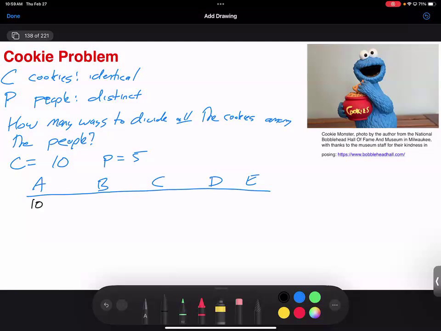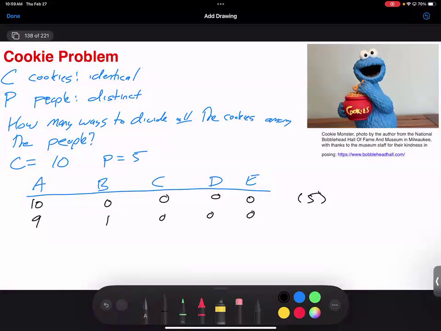Yeah. What's the next solution? That's one solution, but there's another that I think is more natural than A gets 9: B gets 10. So how many ways are there to flip these around? 5. So I'm going to put a 5 over here in parentheses and say that there are 5 ways to rearrange this. Now let's do your suggestion of A gets 9, and then what happens next?